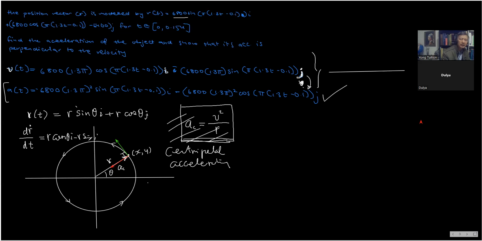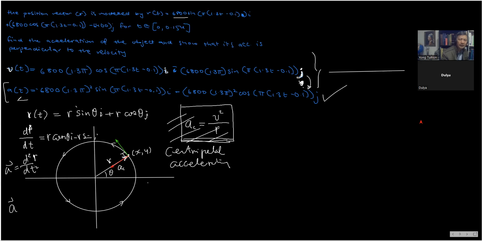So after you do the second derivative, I don't have to write this twice. That becomes the acceleration, as you have done. In this case, a will be parallel to r again, and actually in the opposite direction. Can you see that?